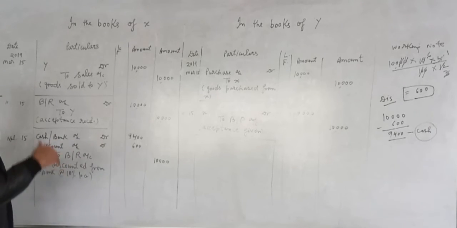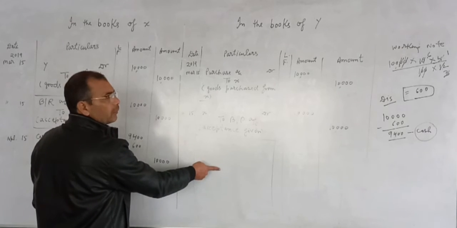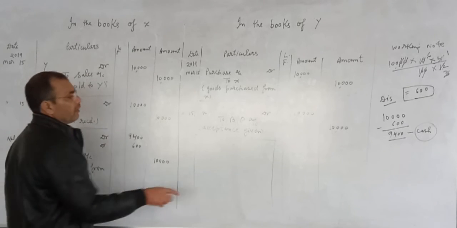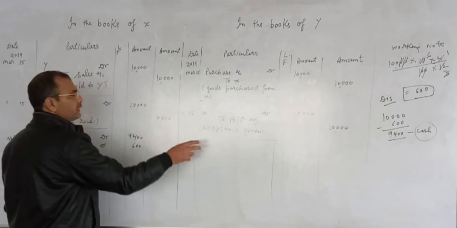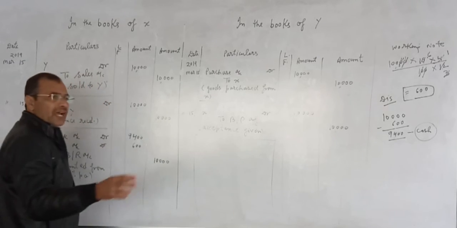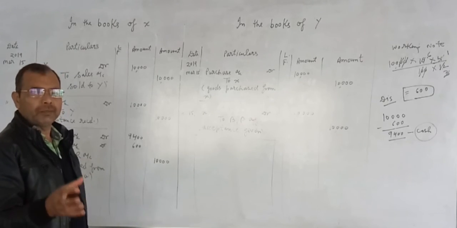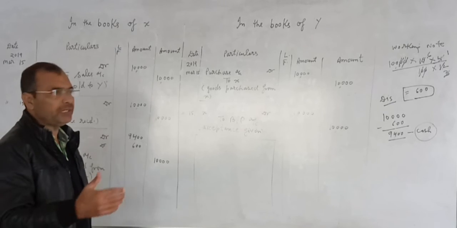BR is given to the bank. So the bank will go to Y. The transaction will be between Y and the bank. Okay. What is the duty of Y? Y will take his BP and give the payment to the person who gave the BP to him.